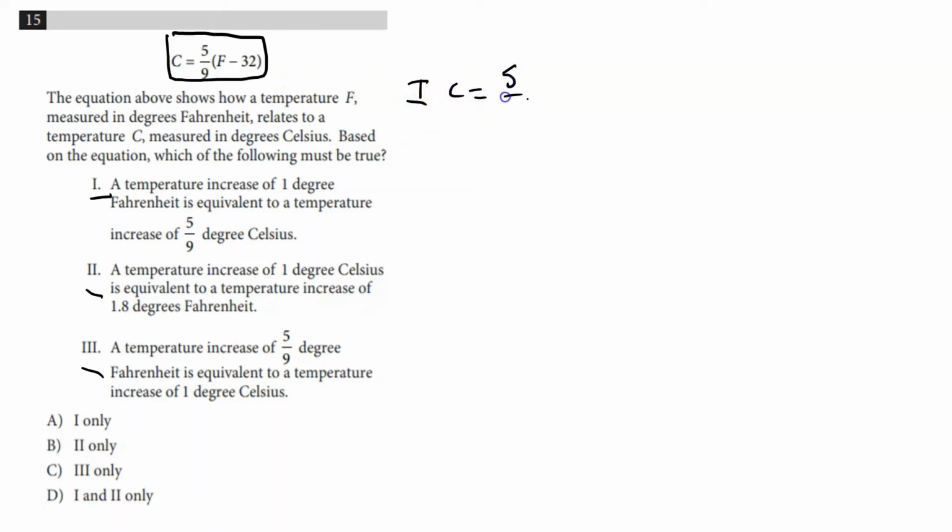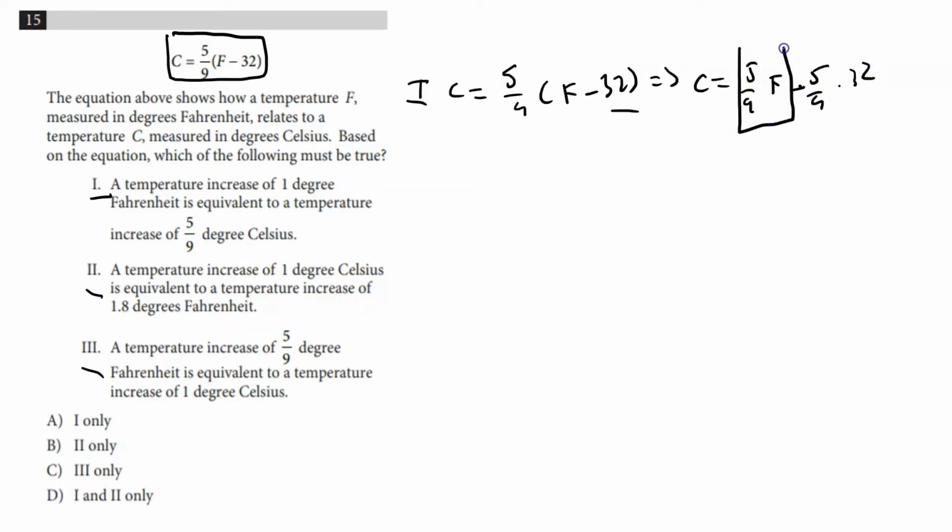we see this is in slope-intercept form. If we expand this, we don't even need to expand this last term, but if we expand this, this is our slope in slope-intercept form, right? And then this is going to be our y-intercept.